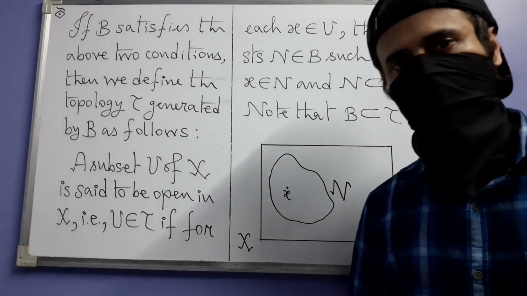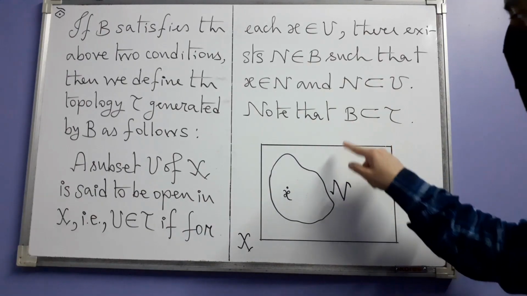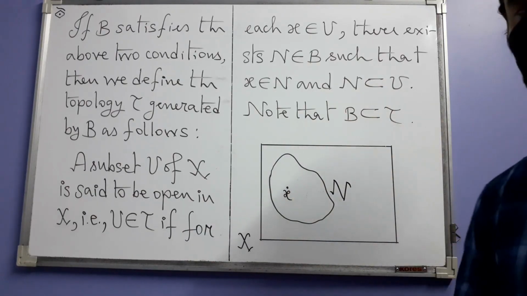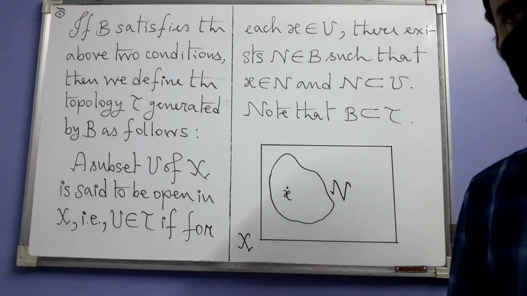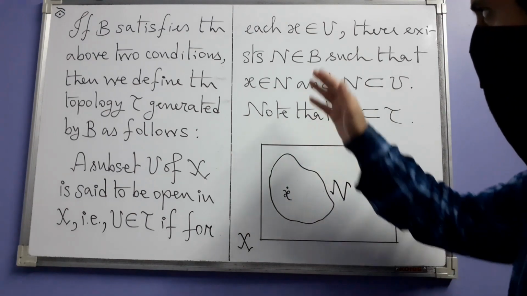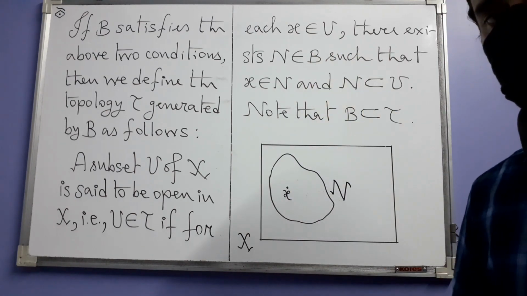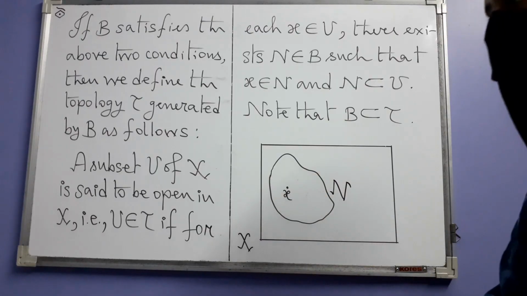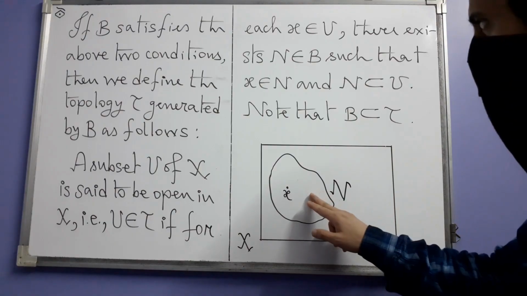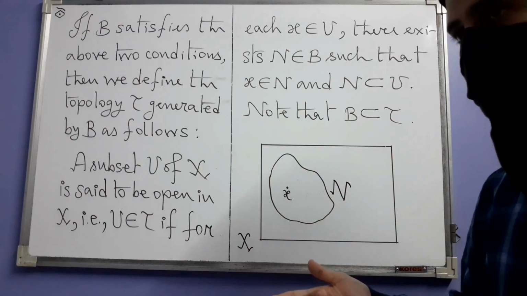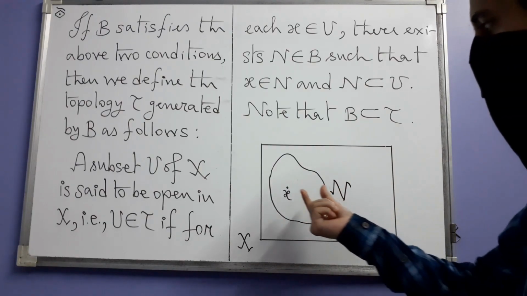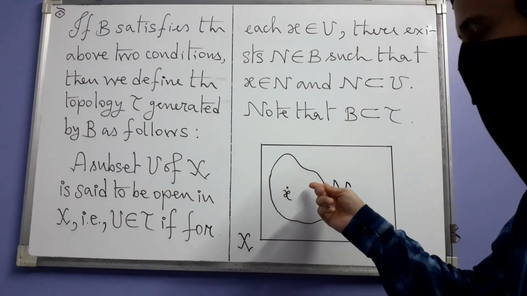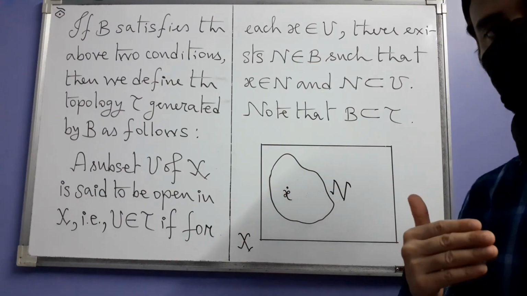Say in place of U, now I have an element n of B itself. Will this n satisfy this condition? You take any element x in n. What do we then need? We need a basis element that will contain that x and will be itself a subset of n.